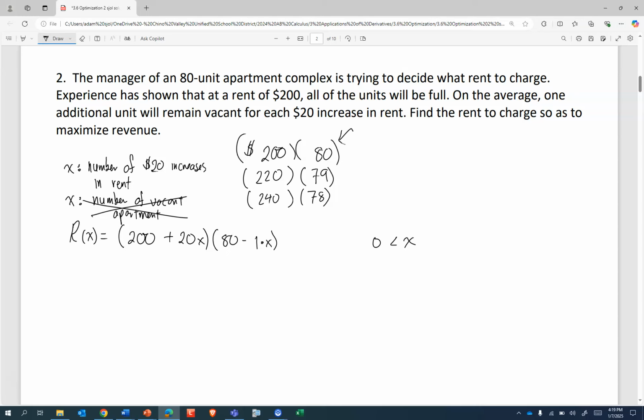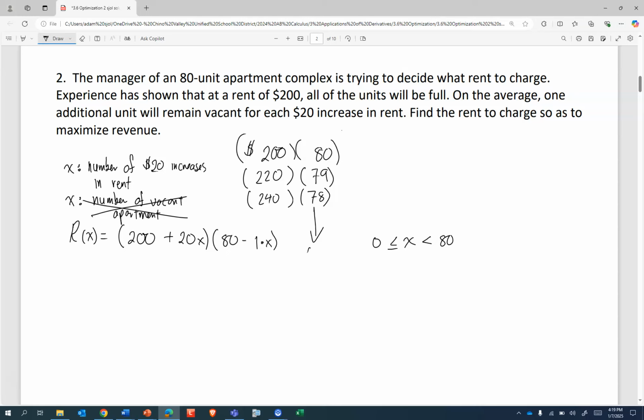On the other end, we could decrease the rent by $20 80 times, and eventually 0 apartments are being rented, so we don't want to include that. I think that's a good domain.